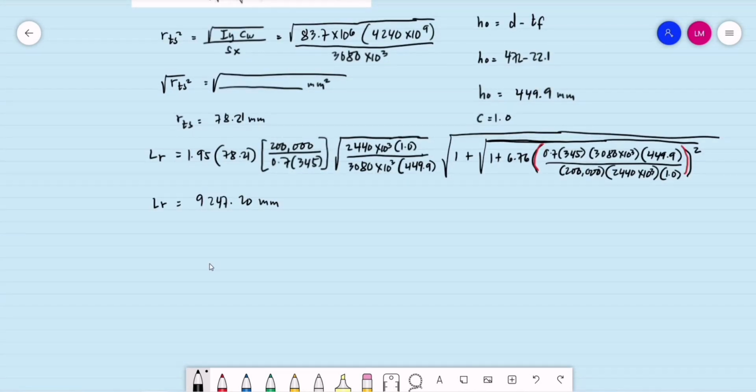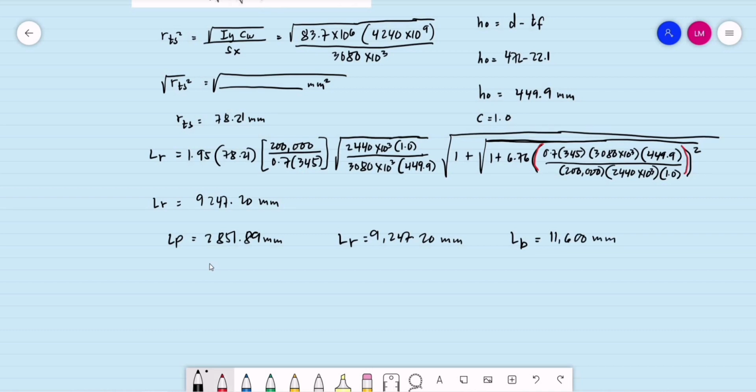We have the value of our L sub P is equal to 2,851.89 millimeters. Then the value of our LR is equal to 9,247.20 millimeters. And the value of our L sub B, the unbraced length, is equal to 11,600 millimeters.